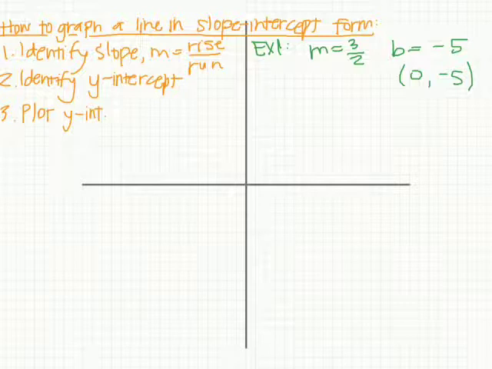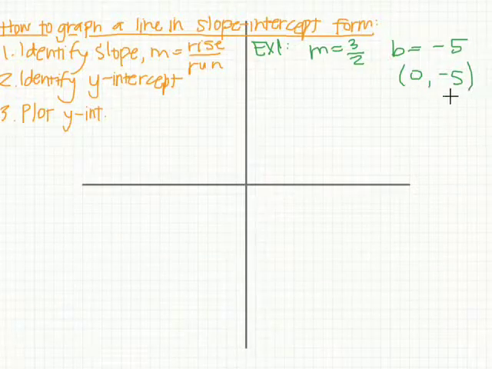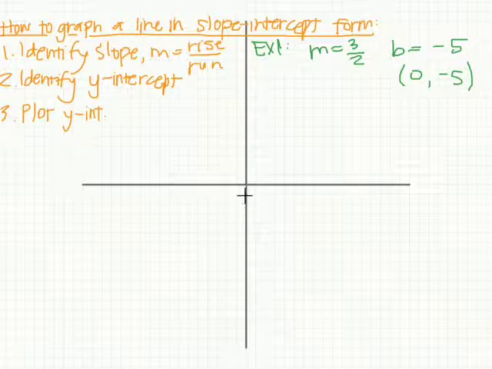But that's not right. Our y value is -5. So we're going to go down 1, 2, 3, 4, 5. Down here where b equals -5. And I'm going to go ahead and plot a point right there.